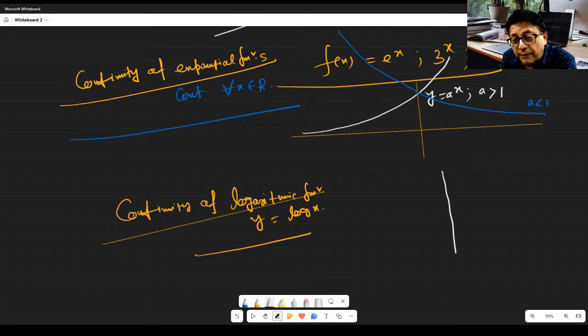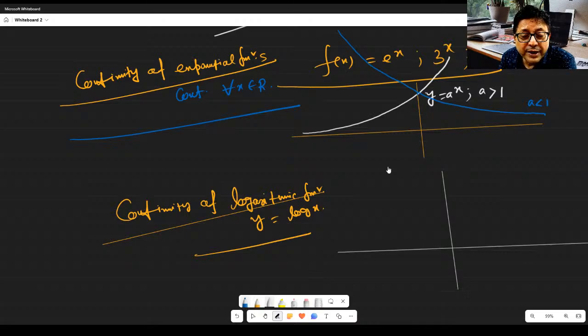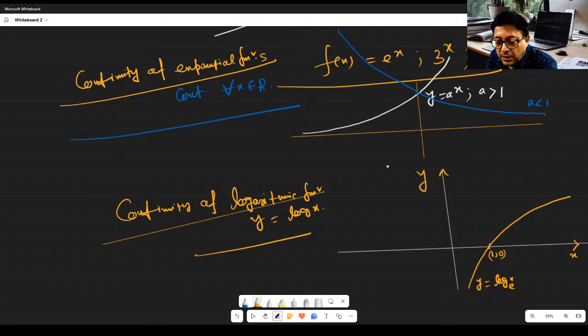And that is understood from the graph also. If you plot the graph for y equal to log x, the graph is going to be like this. Okay? And this point is 1. This is the graph of y equal to log x base e. For x less than 0, it has no existence. So we can say that it is continuous for x greater than 0.